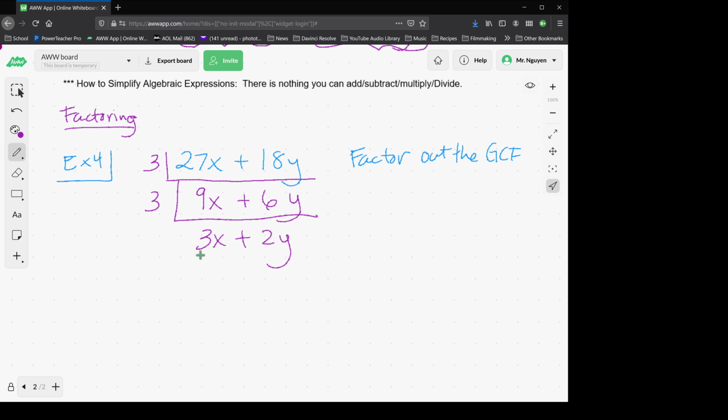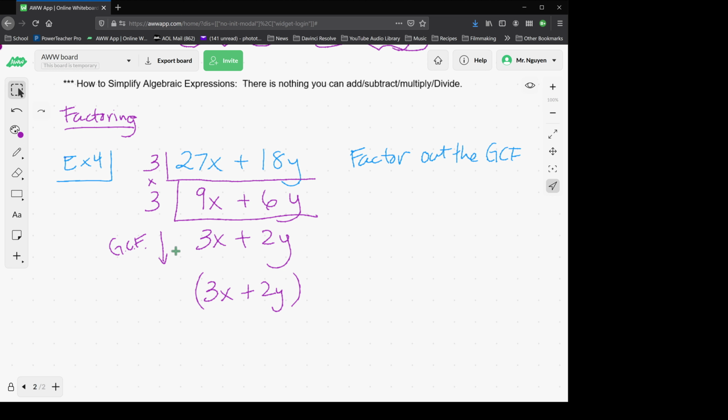We know that we have 3x plus 2y. That goes inside the parentheses. Now all we need is the GCF. The GCF is provided for us by these two numbers, 3 and 3. The product of them is your GCF.